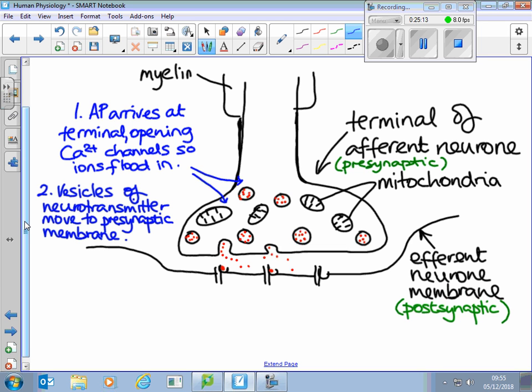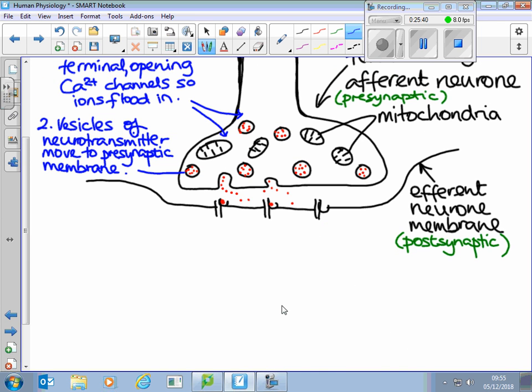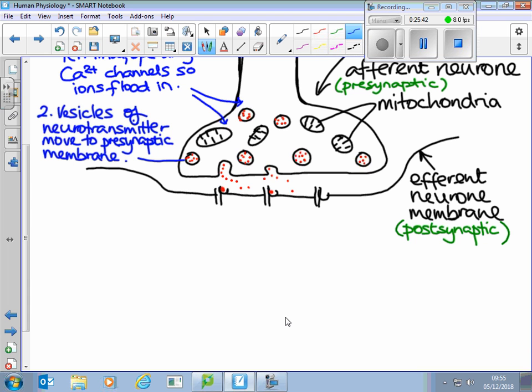So the neurotransmitter is released, and it's released into this gap, which is known as the synaptic cleft. All right, a cleft is like a channel, isn't it? I'm going to talk about the substances that actually are examples of neurotransmitters in a bit. Let me just move this up so we can all see what I'm doing.